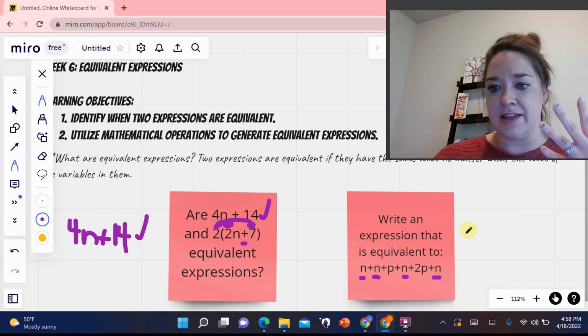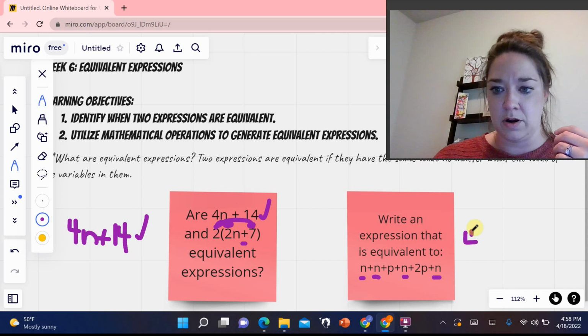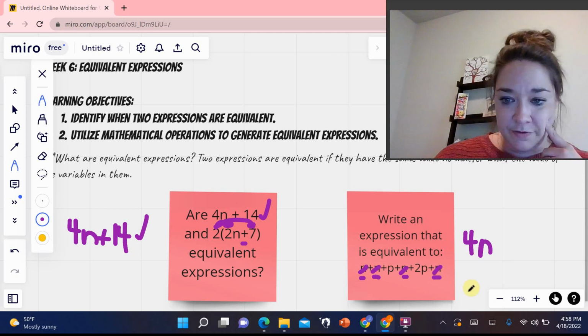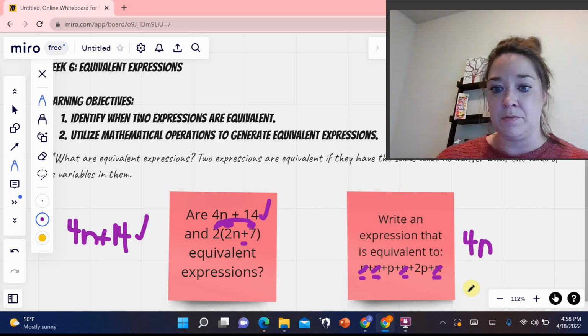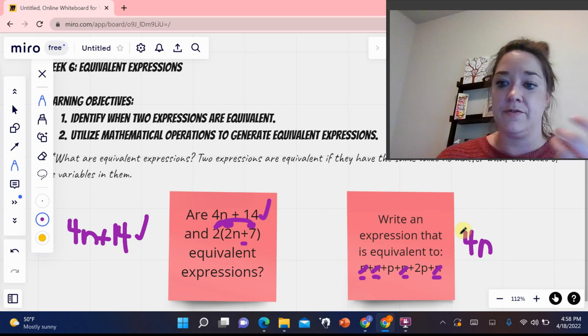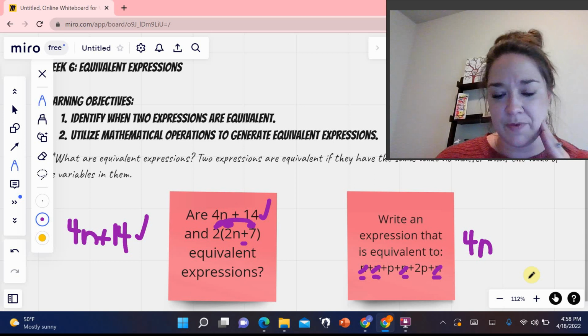So I can rewrite that as 4n. And now every single part that I'm crossing off in this expression has been accounted for. 4n's and 4n's. I just wrote it instead of breaking those n's apart as addends, I chose to write it as 4 times n, so factor times a variable.